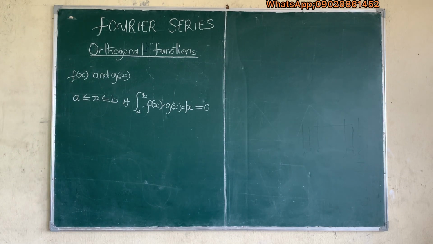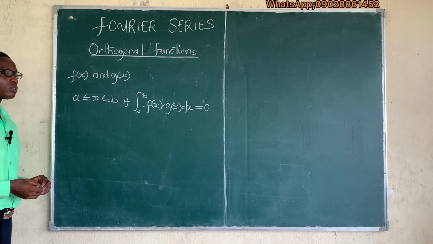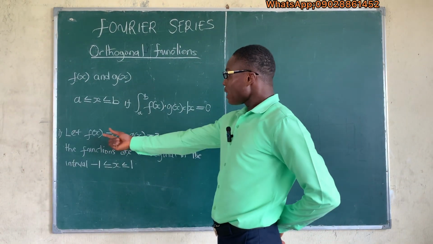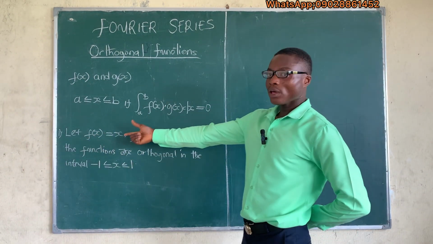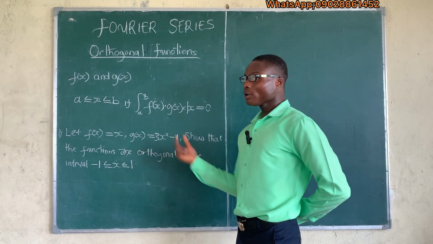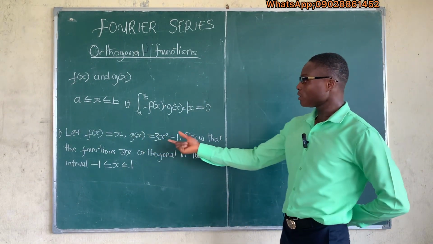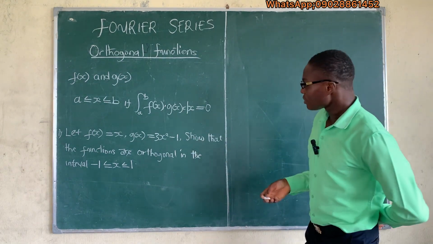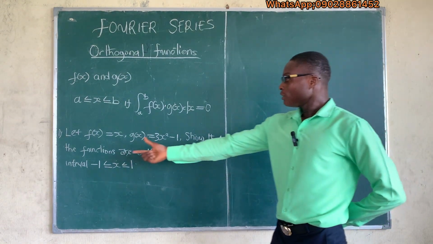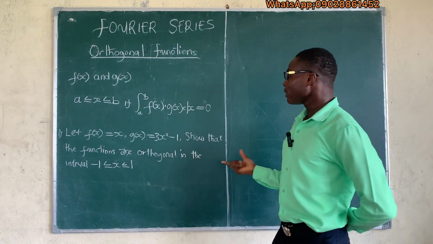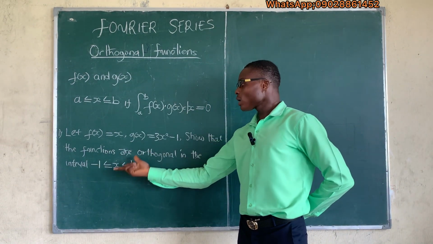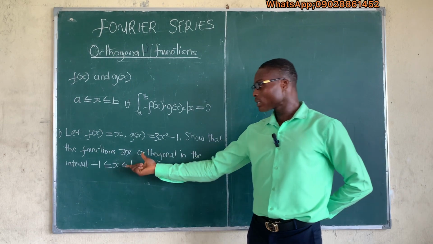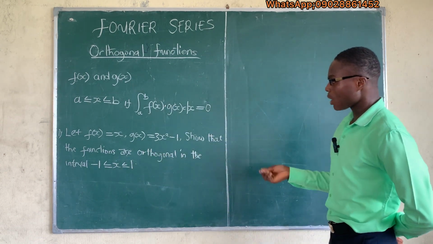So let's take an example to illustrate orthogonality of functions. The question says, let f of x be equal to x and another function, g of x, be equal to 3x squared minus 1. Show that the functions are orthogonal in the interval minus 1 less than or equal to x less than or equal to 1.